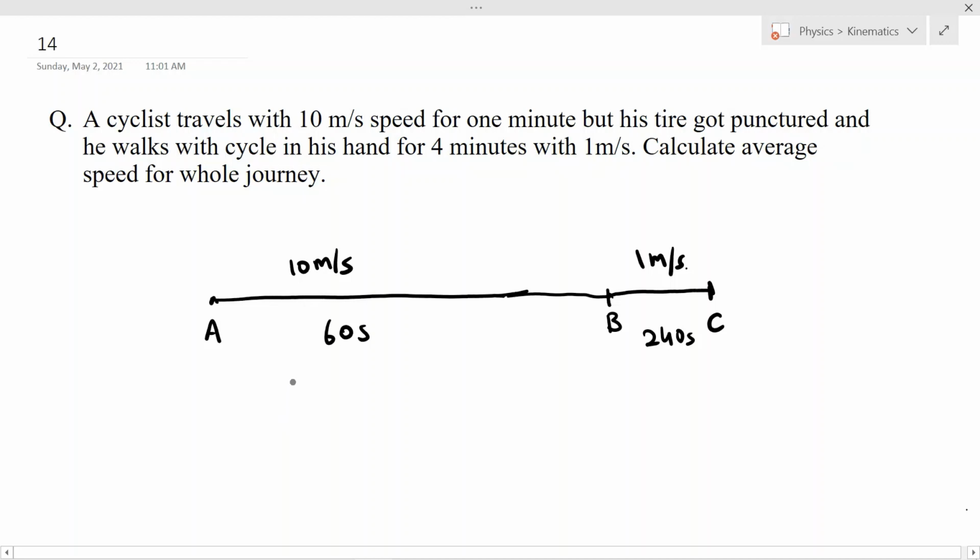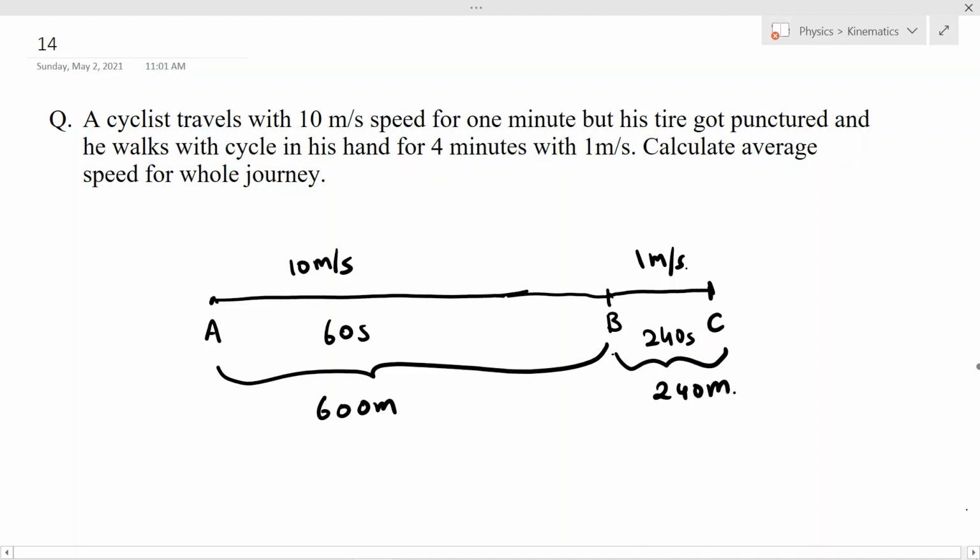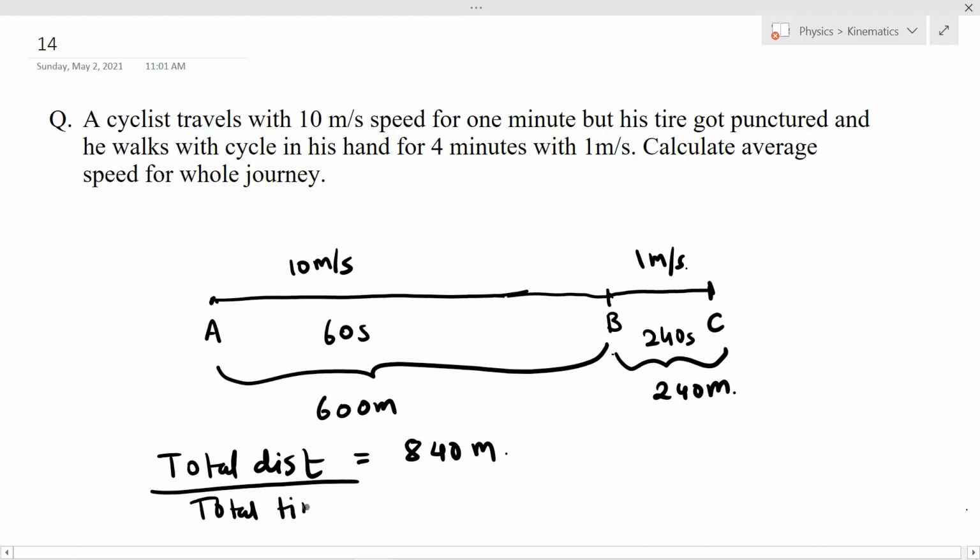So now calculate the average speed. We know speed is equal to distance upon time, so time into speed will be distance. So this distance AB will be 600 meter and this distance BC will be 240 meter. So the total distance then becomes 840 meter and we divide it by the total time to find the average speed. So what is the total time?